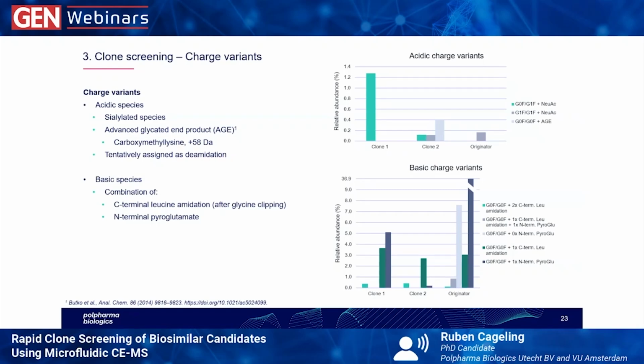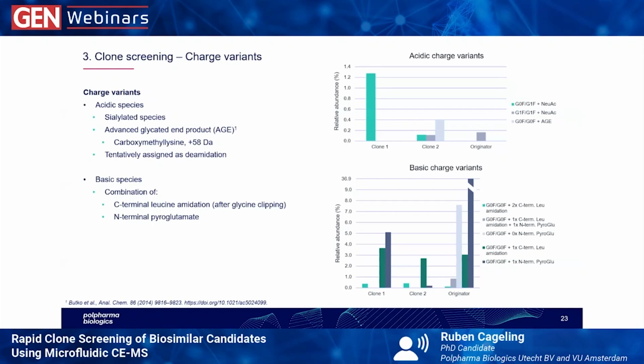So glycation is the non-enzymatic addition of a sugar to the backbone of the protein, and then due to oxidation or other processes, this is chemically degraded into these advanced glycation end products. So we found it at very low levels, and depending on the location, it could maybe influence the binding a little bit. However, this information is currently not available.